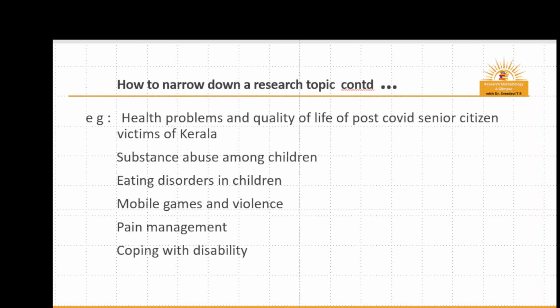Eating disorders in children, whether in teenagers, adolescents. How does eating disorder affect the health of teenagers? So thus you can formulate a research statement or research question.